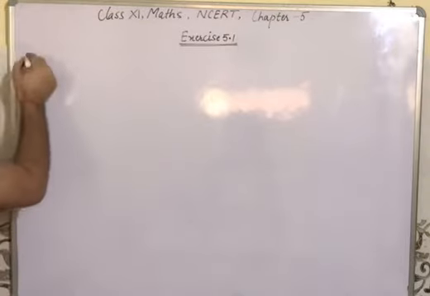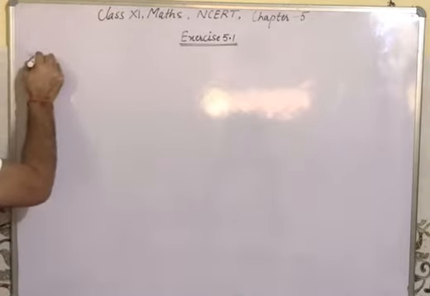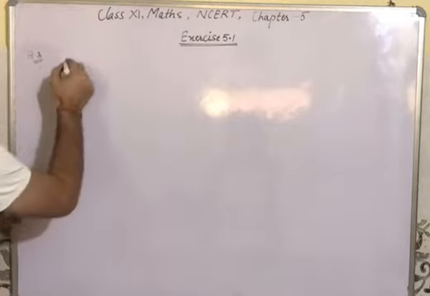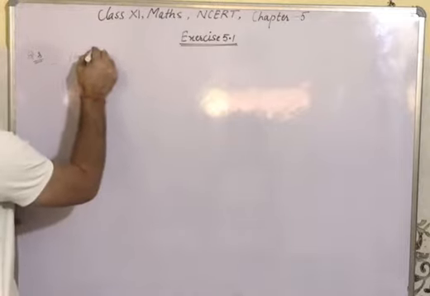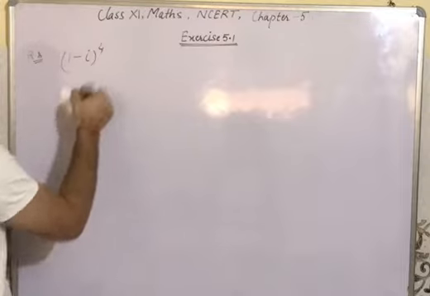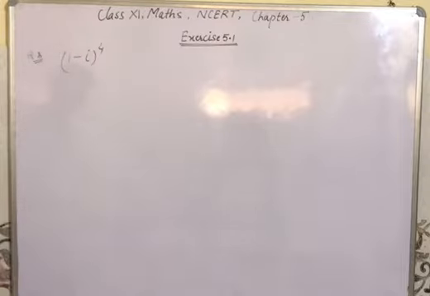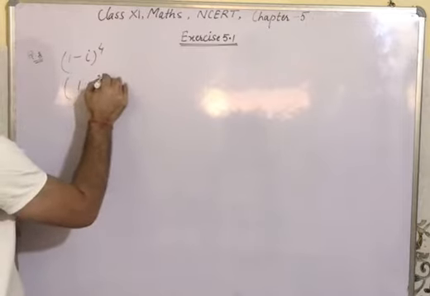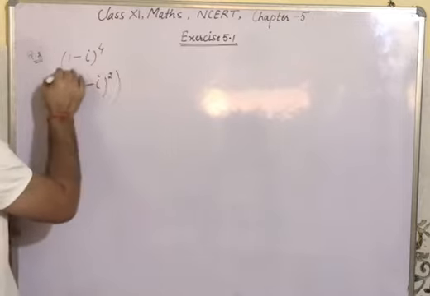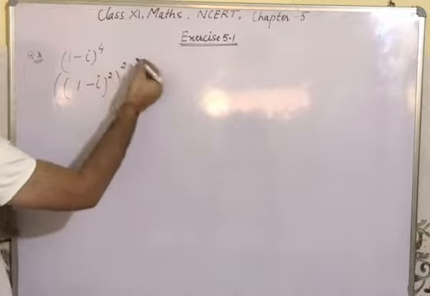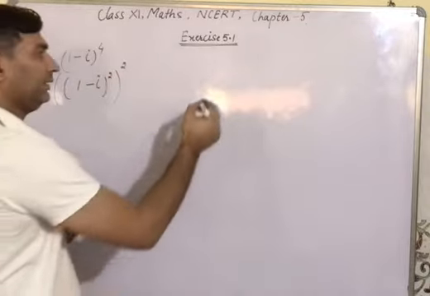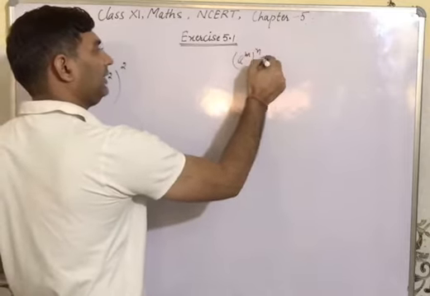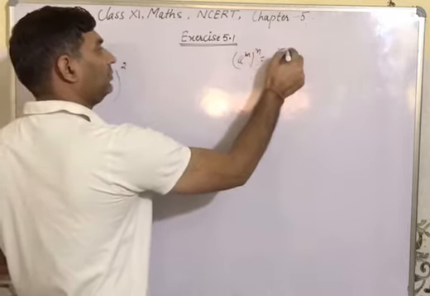Now question number 8: (1 - i) raised to power 4. Write this in the form of (1 - i) square and then its square. Power of a power multiplies: (a^m)^n equals a^(mn).